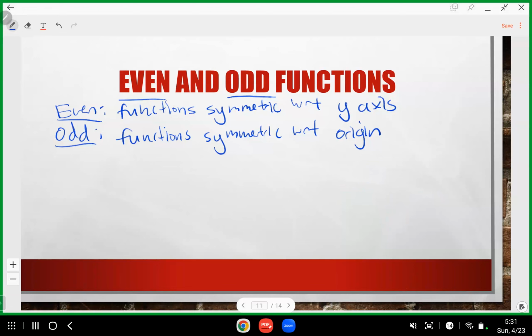And how would you find out if functions are symmetric with respect to the y-axis or if functions are symmetric with respect to the origin? One way is by testing the symmetry.